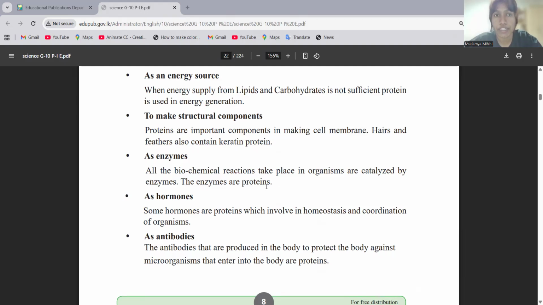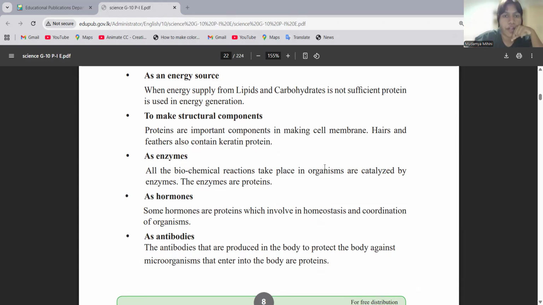And also making structural components. Have you guys heard of the cell membrane? It's inside of the cell. It's not the cell wall, because we discussed before that the cell wall is in the plant cell and consists of carbohydrates, right?